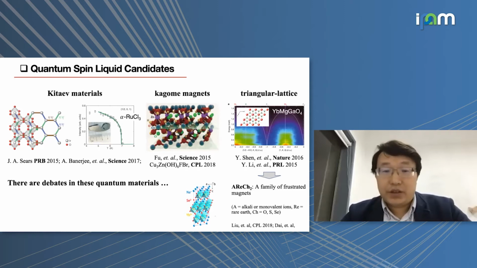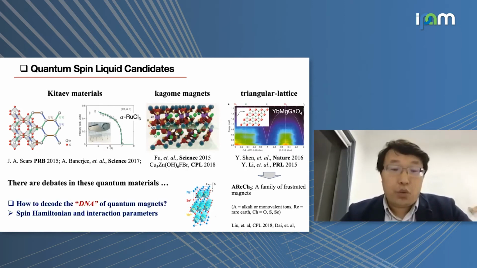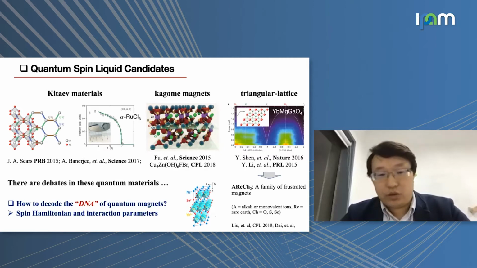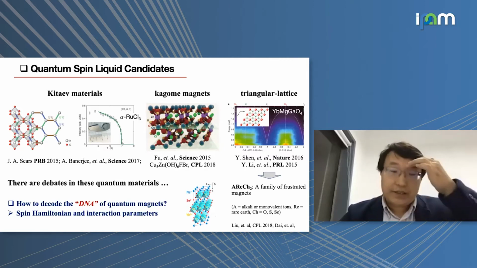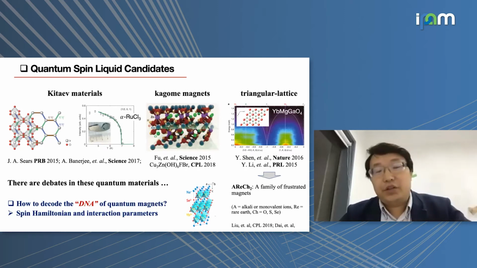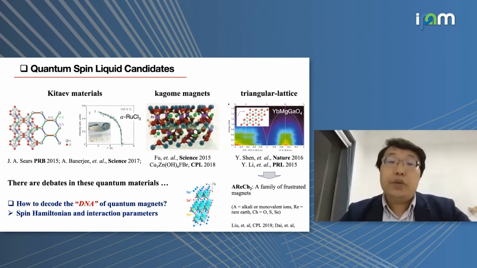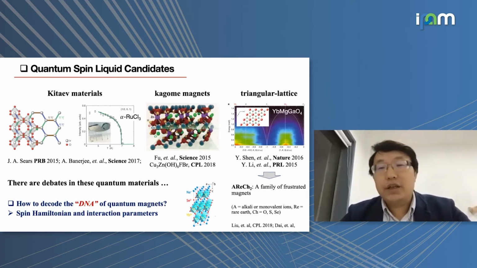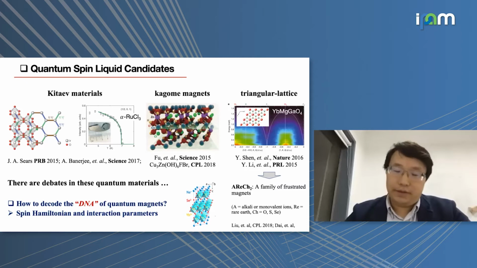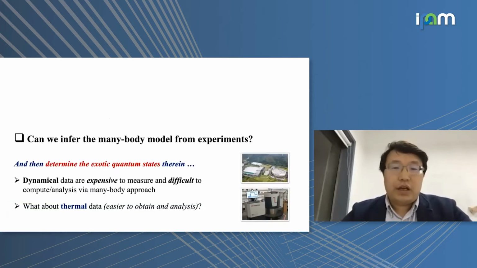The other is that we still haven't fully decoded the DNA of these quantum magnets, that is, the spin Hamiltonian and precise interaction parameters. Only with them can we perform calculations like tensor network simulations and make sure of the nature of the quantum states in these compounds. So the question is how to do that.